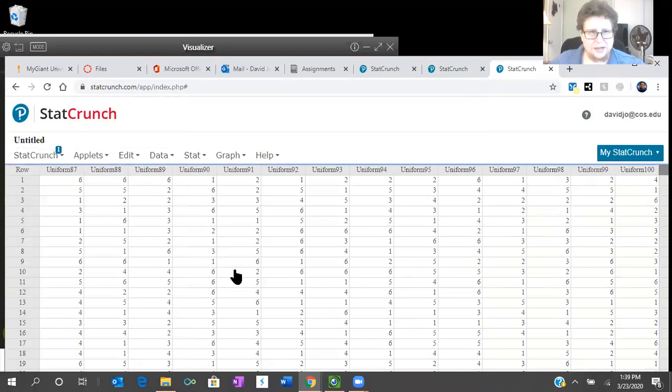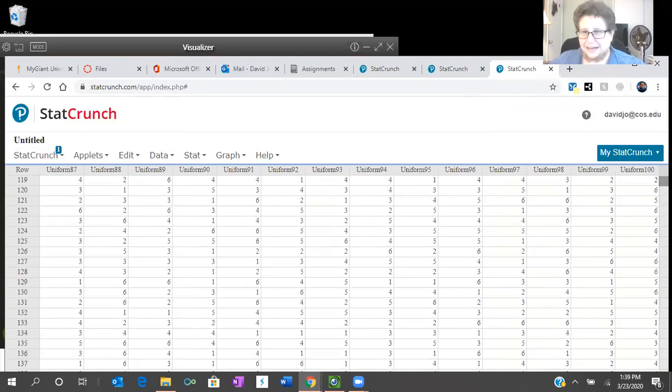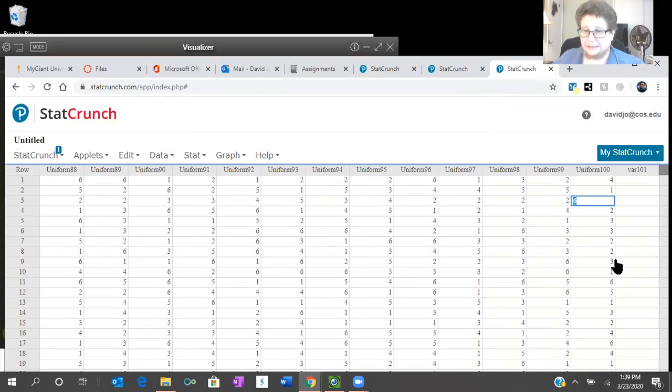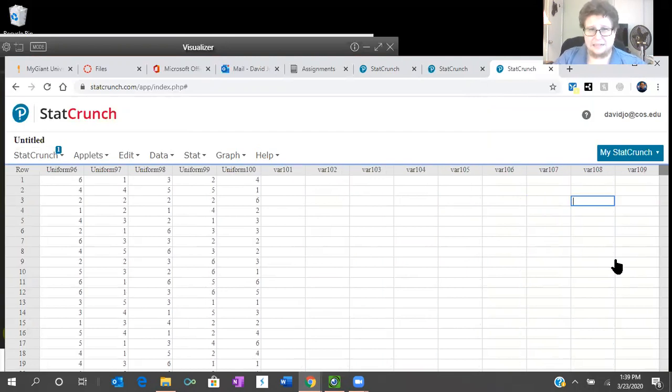Okay, so this generated literally 1,000 rows, 100 columns in each row. We're going to be looking at some of the later columns.